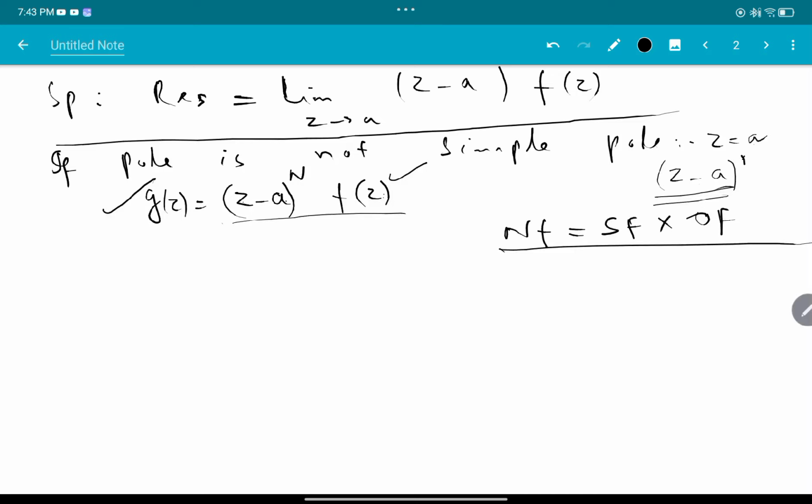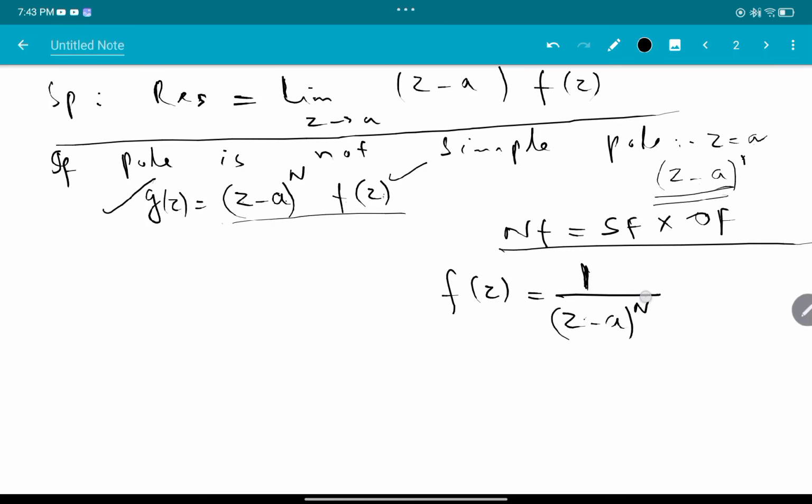Now, you may find it a little bit difficult. You may say, well, sir, this will become very difficult when we multiply it by f(z). But there is one thing I know about f(z). I don't know the exact form of f(z), but one thing I'm 100% sure of is that f(z) has in its denominator (z minus a) raised to n.